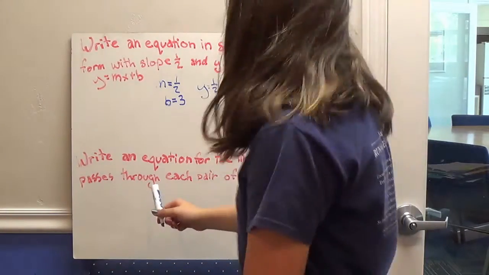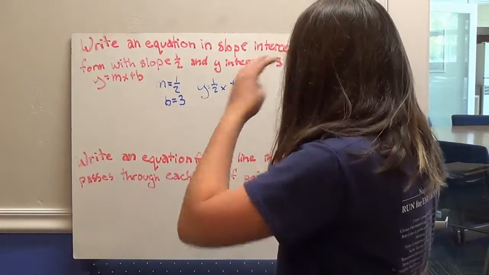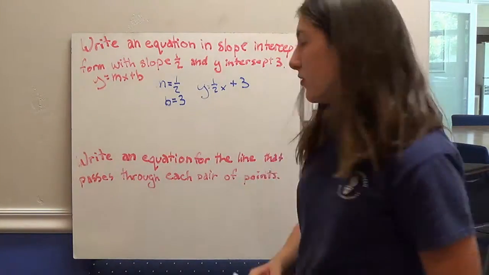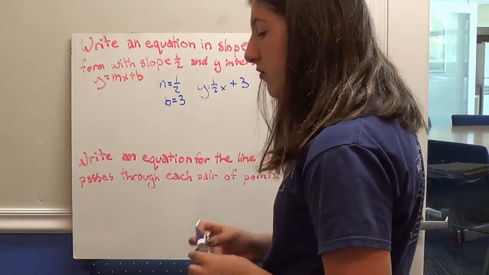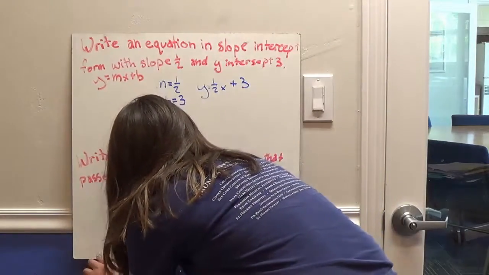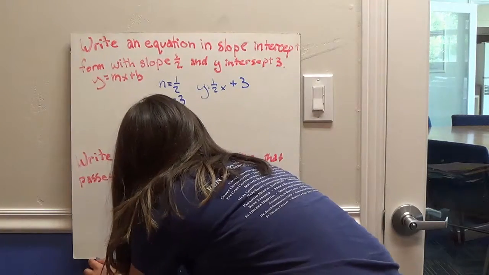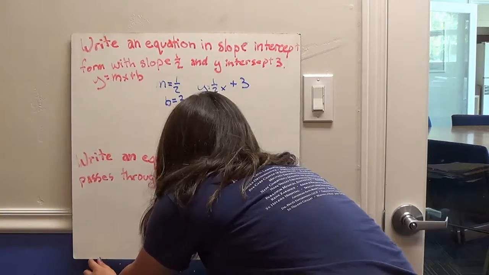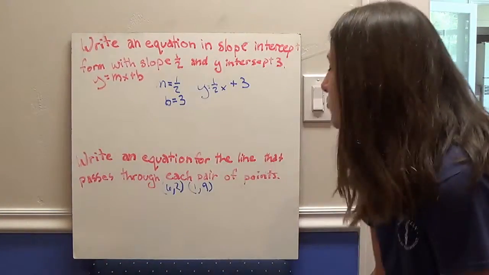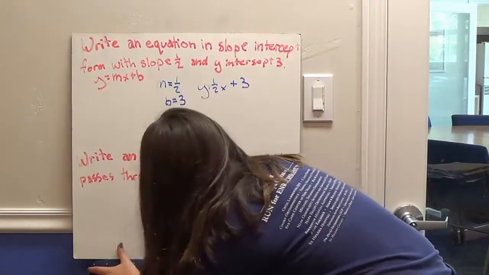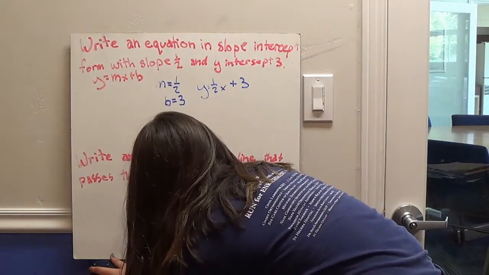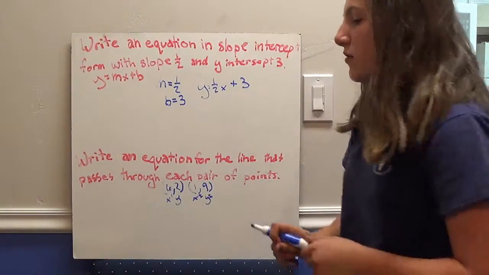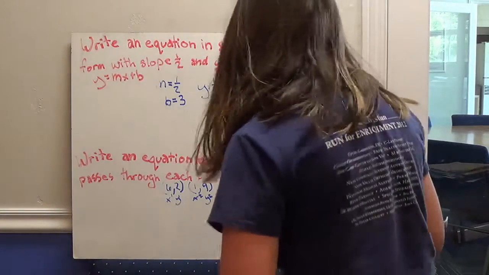And now, all you have to do for this one is write an equation for the line that passes through each pair of points. Okay, so the points are 6 and 2, and 1 and 9. So we're going to need to do it like our first one. So x1, y1, x2, y2. Okay, so now that we know that, we can plug it in.